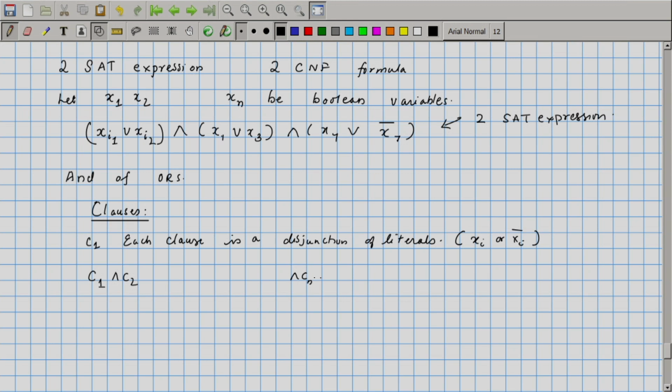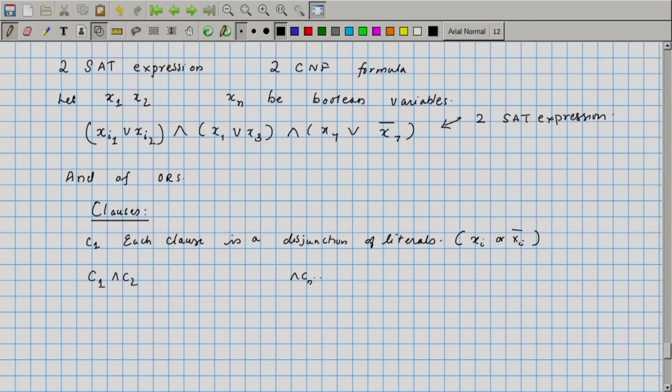Okay. Now, what we are interested in is, so this can be thought of as a logical formula, and if you fix the values for x1, x2, x3 up to xn, this expression will have a true or false value. You can evaluate the expression. Okay. So, a 2-SAT expression can be evaluated.